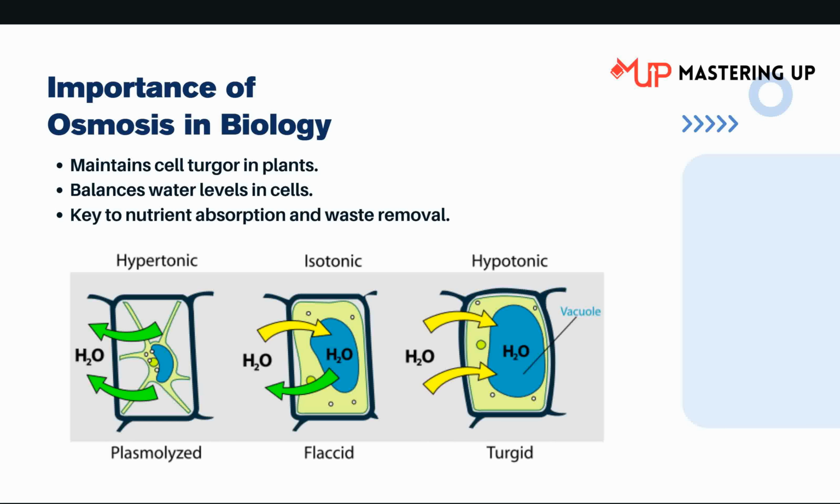On the other hand, if a plant cell is placed in a hypertonic solution, water leaves the cell, thus causing the cell membrane to pull away from the cell wall in a process called plasmolysis, and the plant starts to wilt.